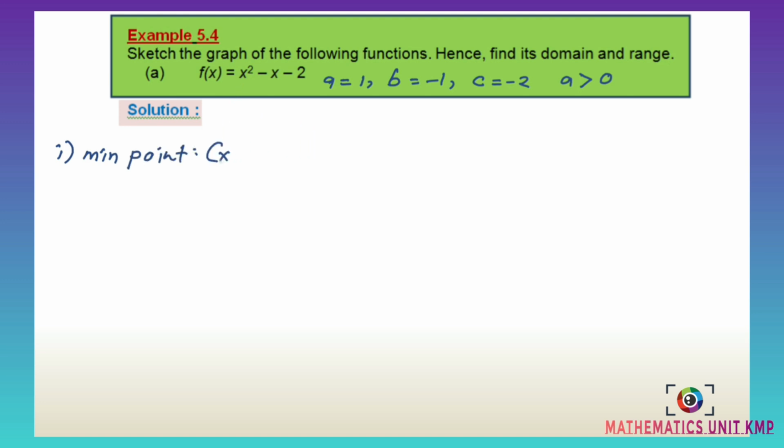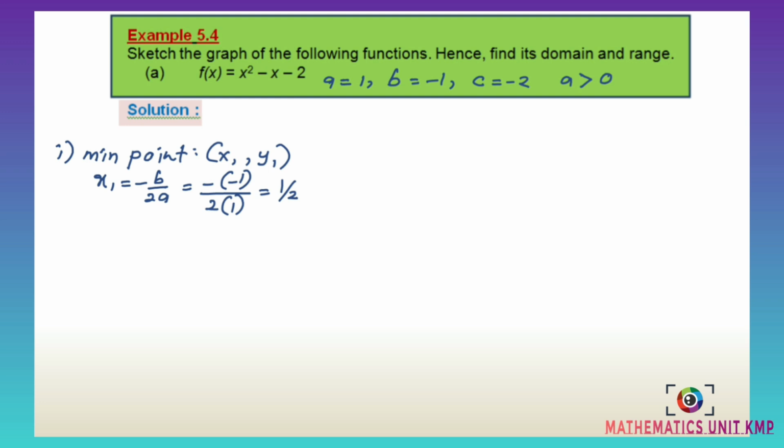We state x1 and y1. How to find the value of x1? It is from the symmetrical line, negative b over 2a, equals negative times negative 1 over 2 times 1, equals 1 over 2.